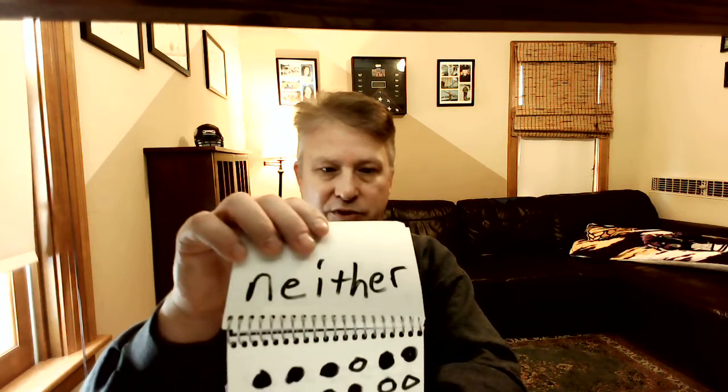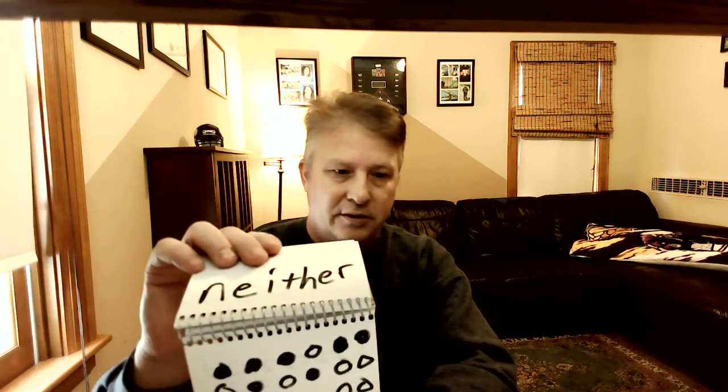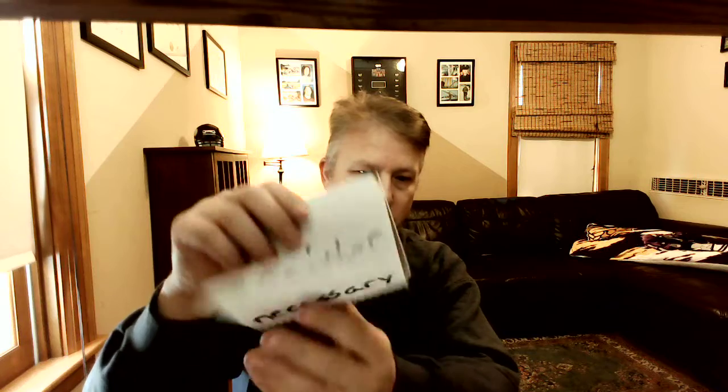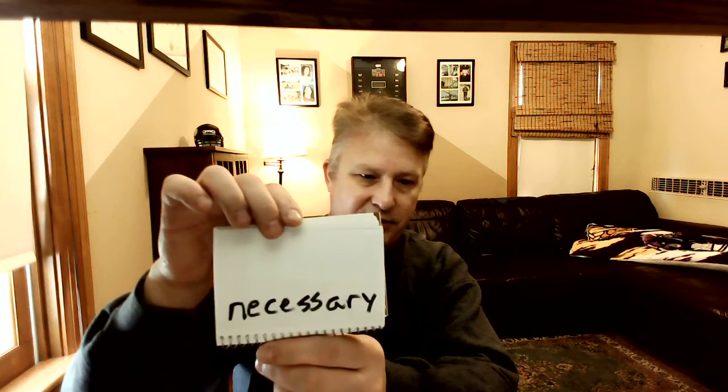Next, we have Braille N, Braille E, and Braille C. Those Braille cells together stand for the word necessary. It is necessary to be done with these Braille lessons.